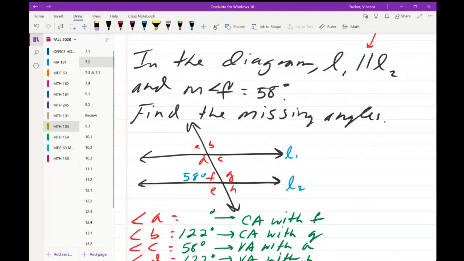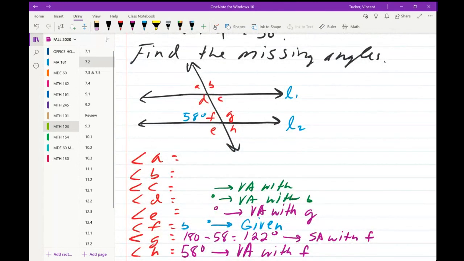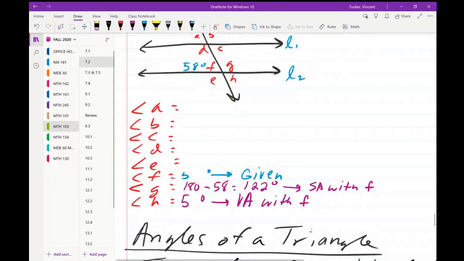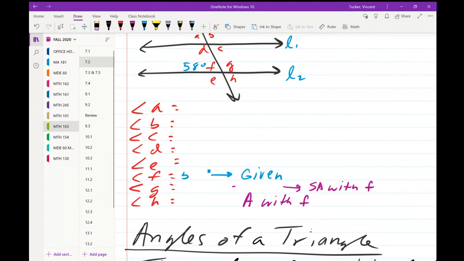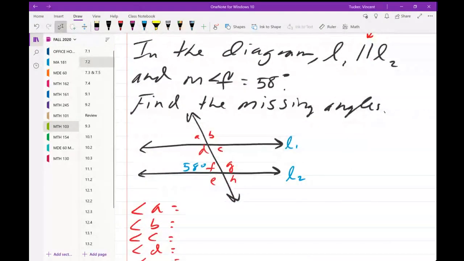So let me erase this stuff so we can walk through it. So there you go. Diagram. L1 and L2 are parallel. In this diagram, angle F is 58 degrees. I'm going to find the rest.